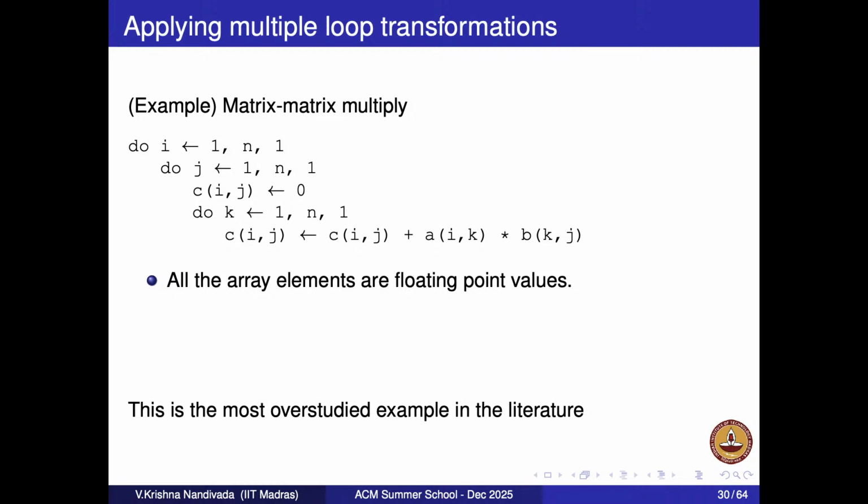Then for different values of k, Cij equals Cij plus Aik times Bkj. Standard matrix multiply code. Assume they are all floating point numbers. Any questions? It's not C syntax, but it should work.